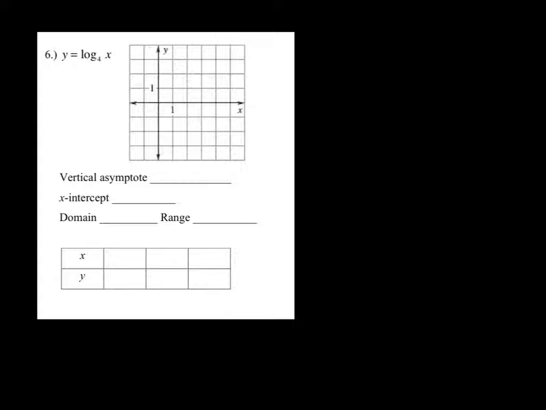But I'm going to just plug in some values. It really doesn't matter what you guys start with, but I always like to start with one more than whatever is being added to your function. So like right now, this is really log base 4 of x plus 0.